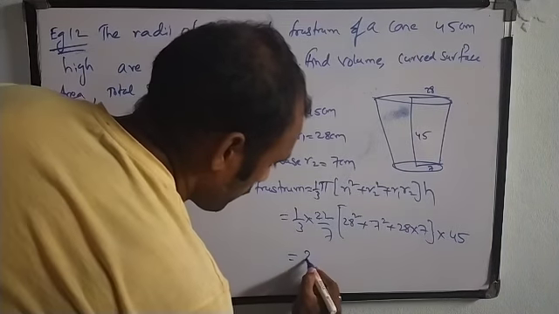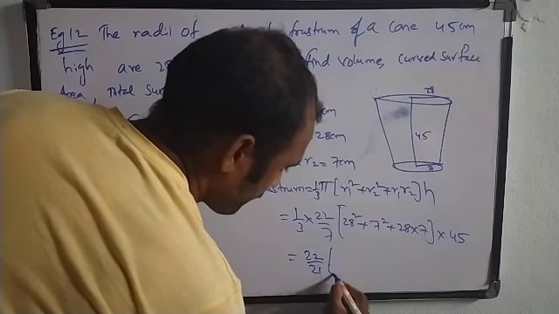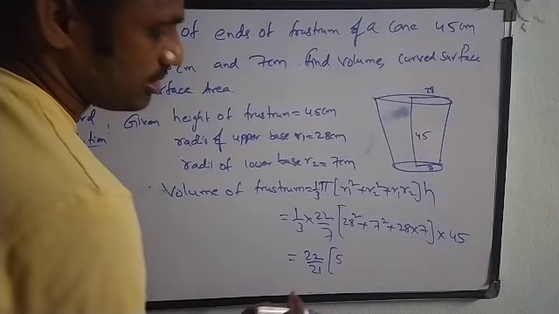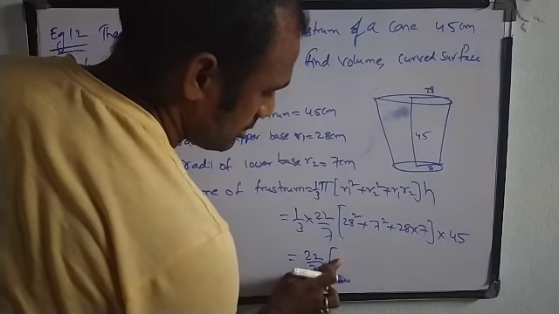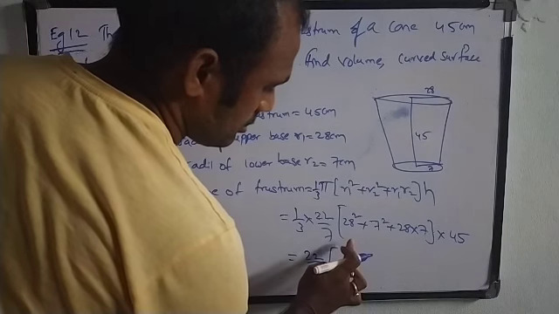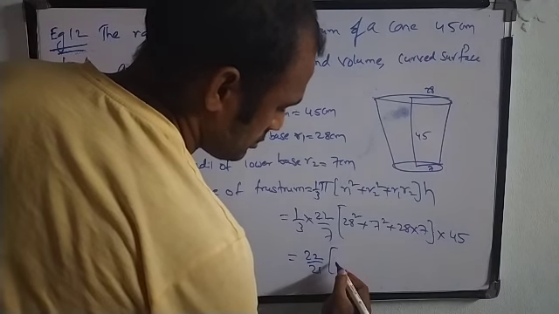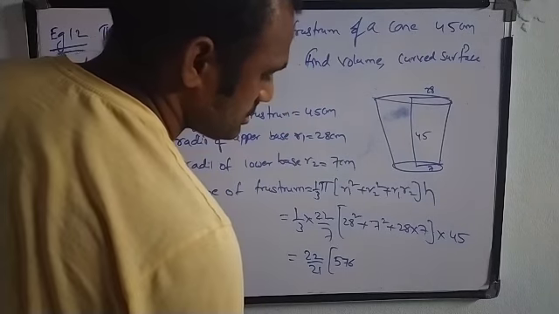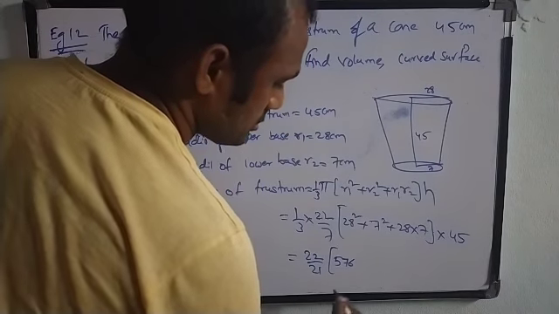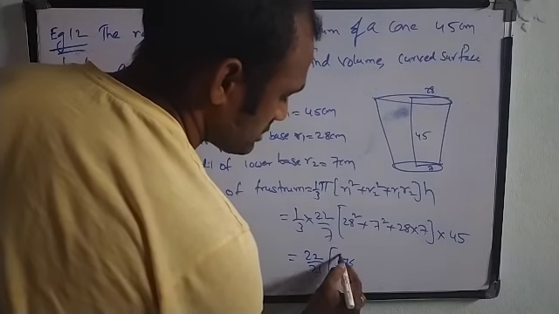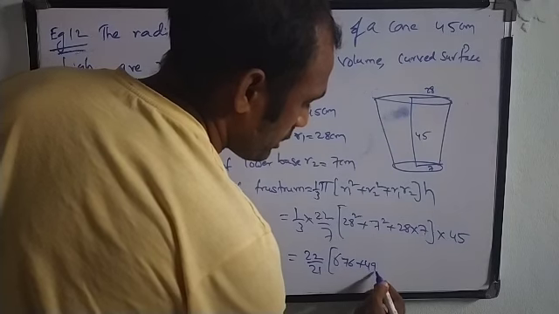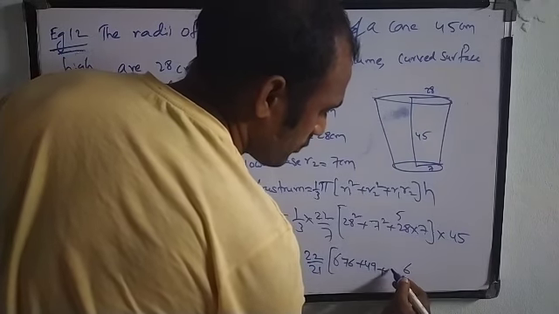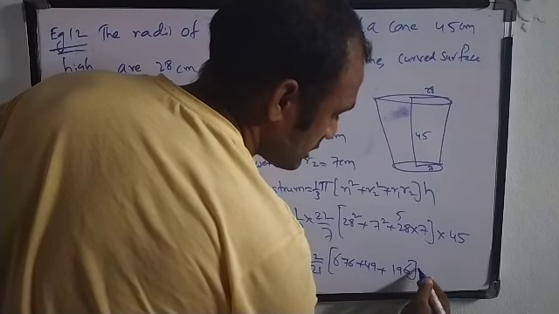So it will be 22 by 21. 28 square is 784. Sorry, 784 plus 49 plus 196, into 45.